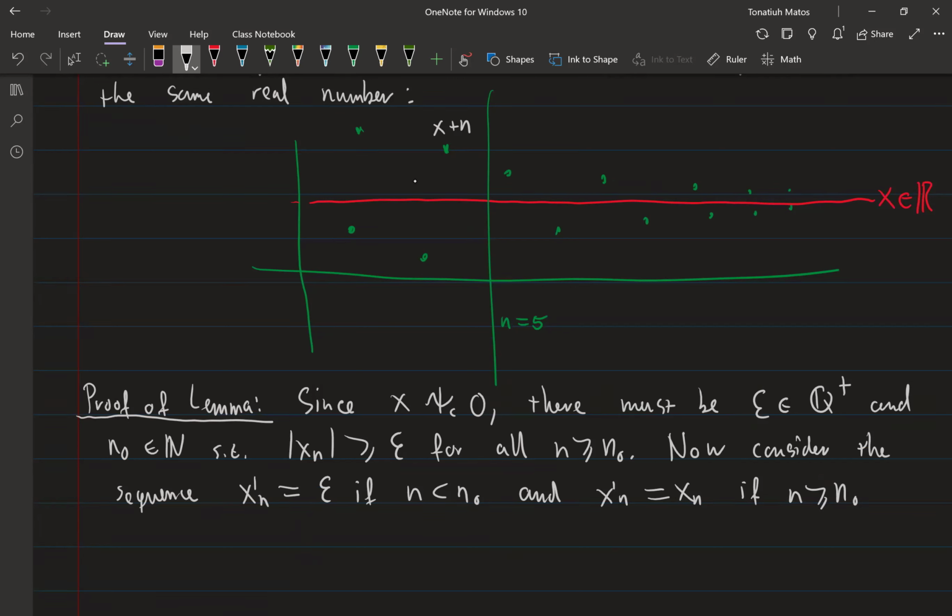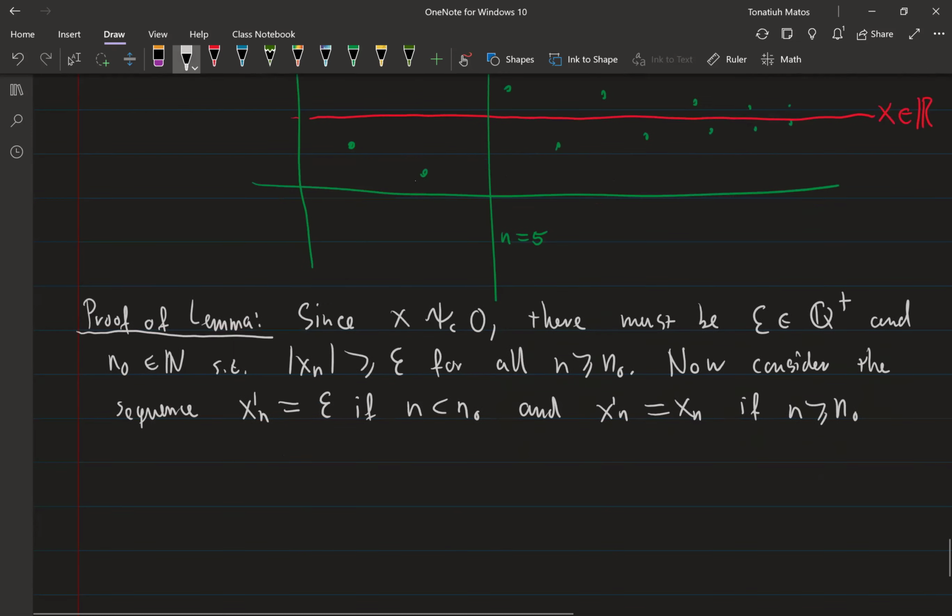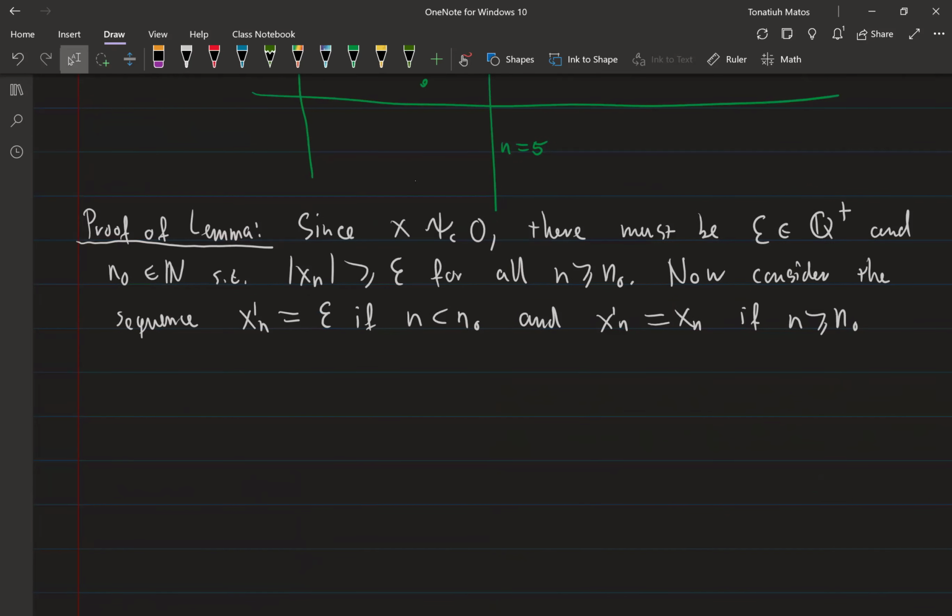So we've essentially cut off the sequence and made it constant for the first few terms. And afterwards it can just be the same sequence. It doesn't matter, right? This is just to guarantee that, well, you'll see why in a second, right?